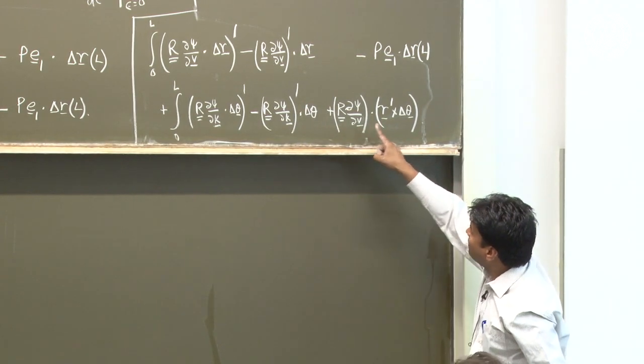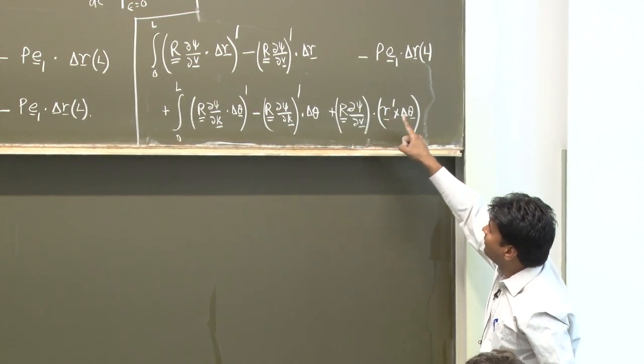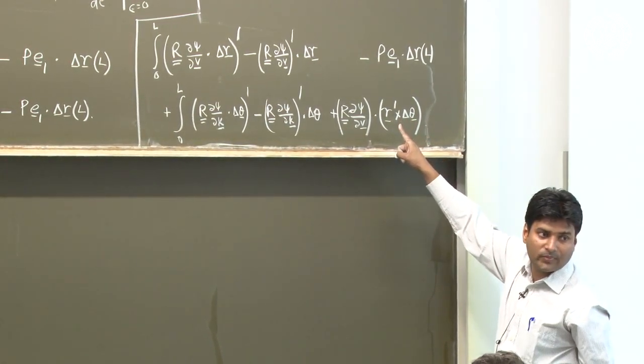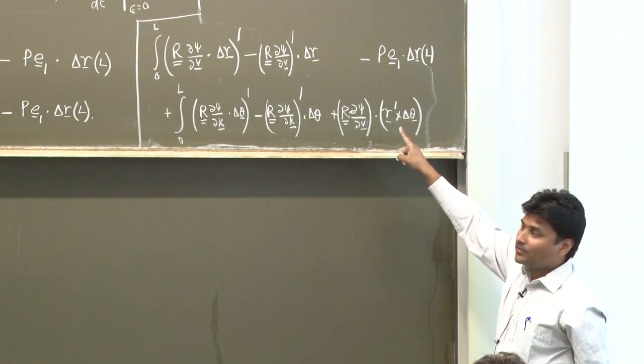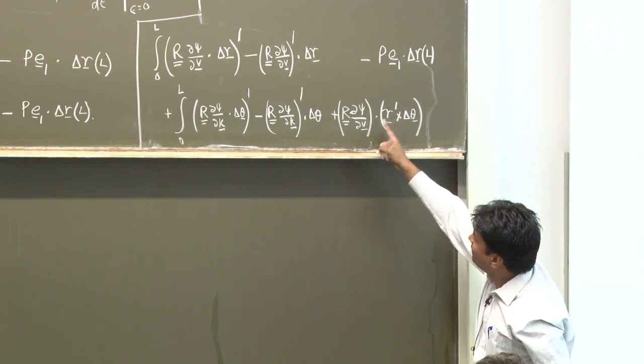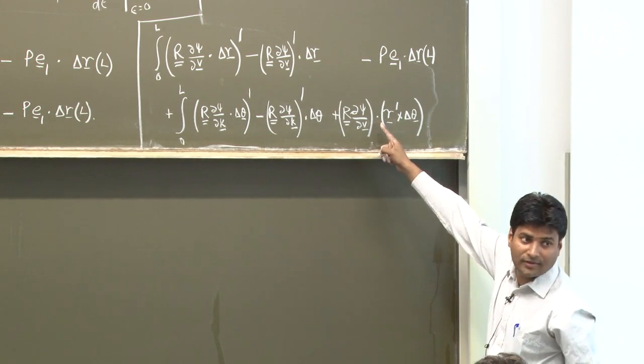That was minus delta theta cross R prime, and then you further bring the cross product over here.